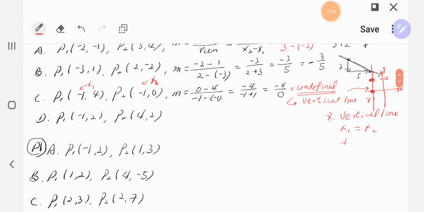And denominator is 0. Denominator, which is the run, right? Run is equal to 0. Then slope is undefined. Okay, slope is undefined.